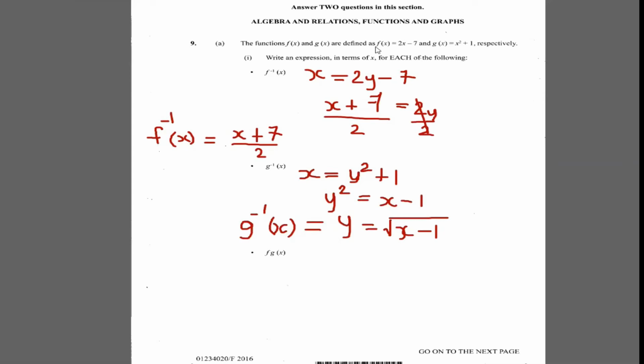Putting g of x into f, we're going to get 2 times g of x. And what is g of x? X squared plus 1. So it's 2 times x squared plus 1 minus 7. All right, because for fg of x, you replace x with g of x.